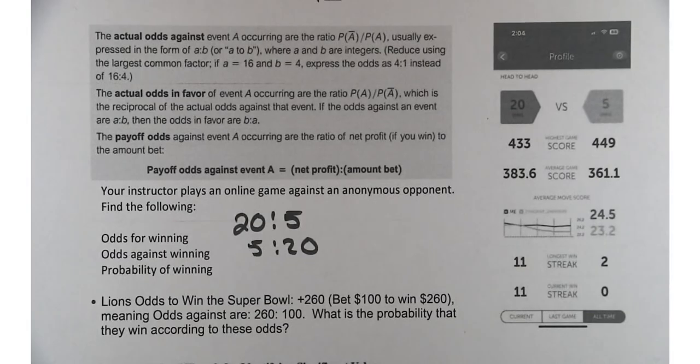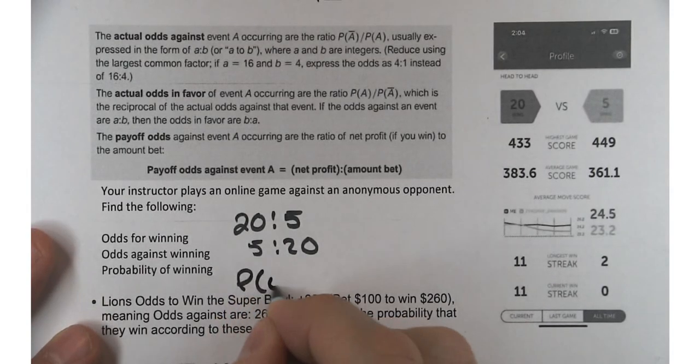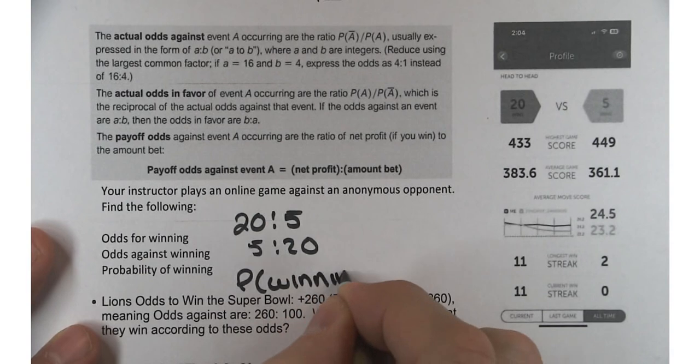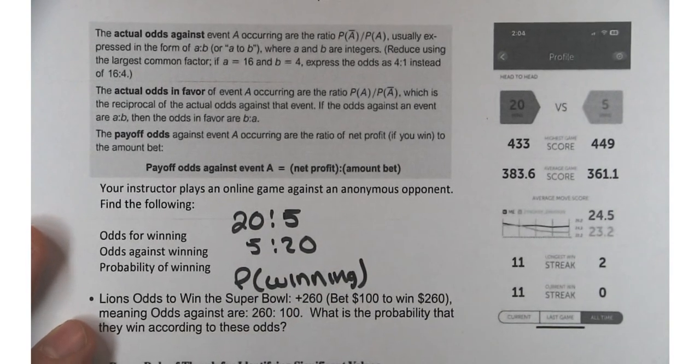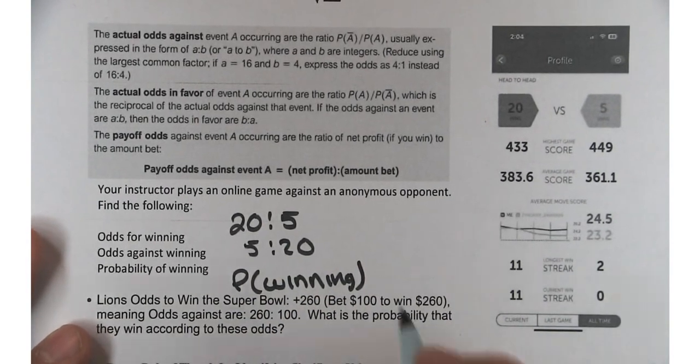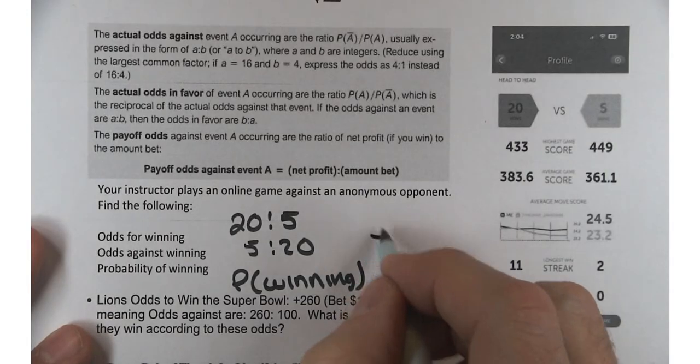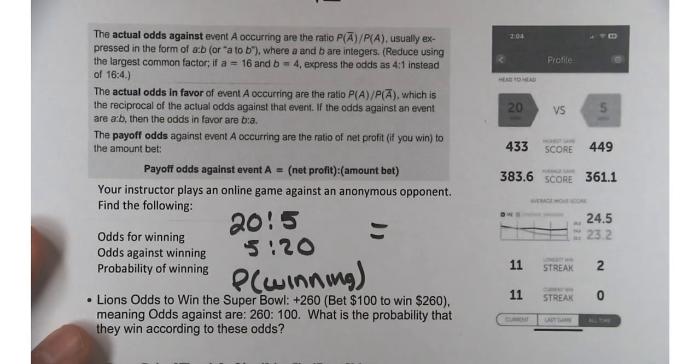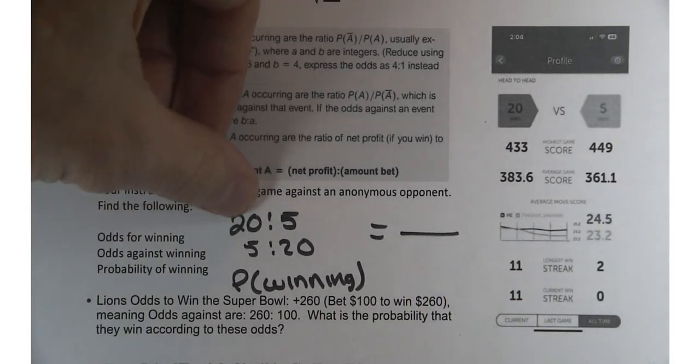Now, how about the probability of me winning? So now we have to go from odds to probability. What's the probability that I win? Do I divide the two? In what way? What should I write? 5 divided by 20. Well, I want to start with the 20 in the numerator.